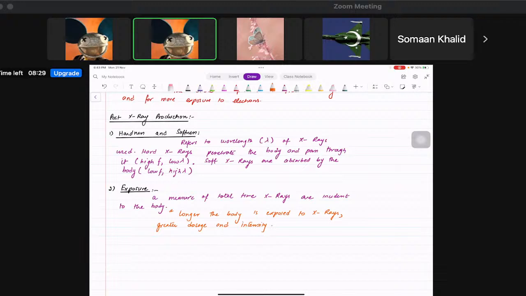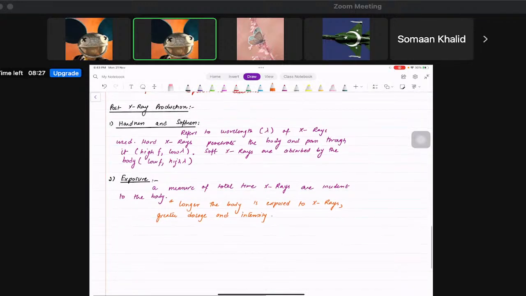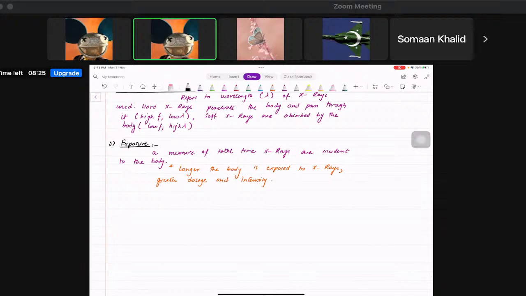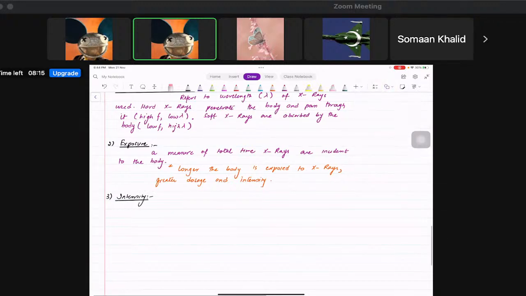Okay, now we're going to talk about intensity and dosage, don't worry about that. So then comes intensity. Intensity is like the brightness of X-rays. So this is the simplest definition, and now write the note.